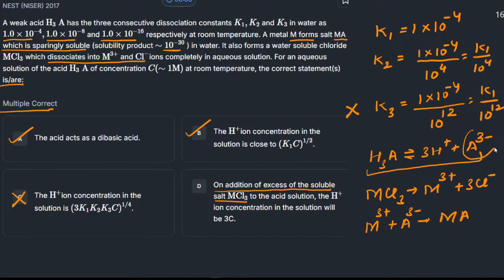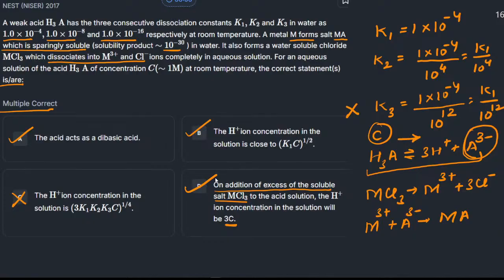So one of the products is removed from the equilibrium, so equilibrium shifts forward, and so on. This equilibrium goes to completion at the end, because we are adding MCl3 in excess. So as H3A concentration is C, the concentration of H plus ion becomes 3C because of the addition of excess of soluble salt MCl3. Understood?